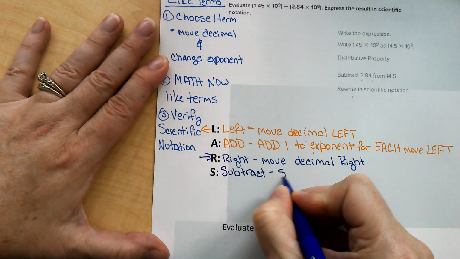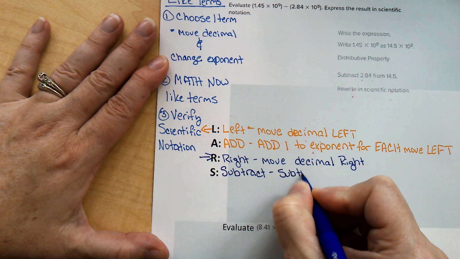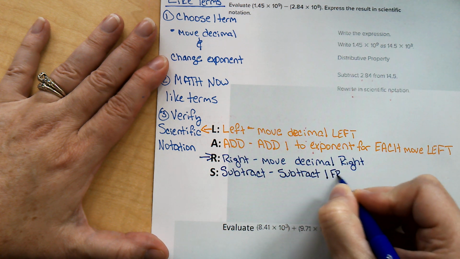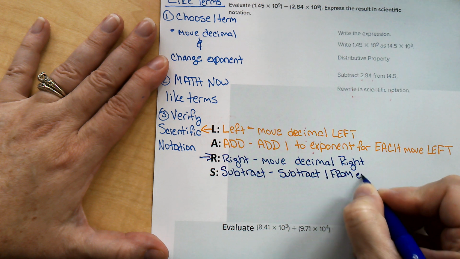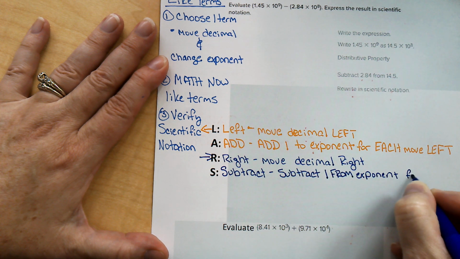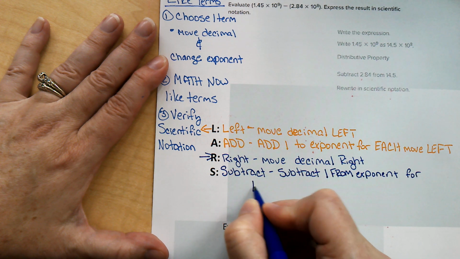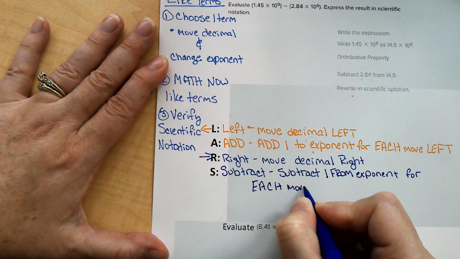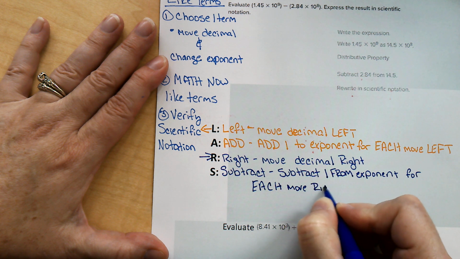So we're going to subtract 1 from the exponent for each move to the right. Okay?